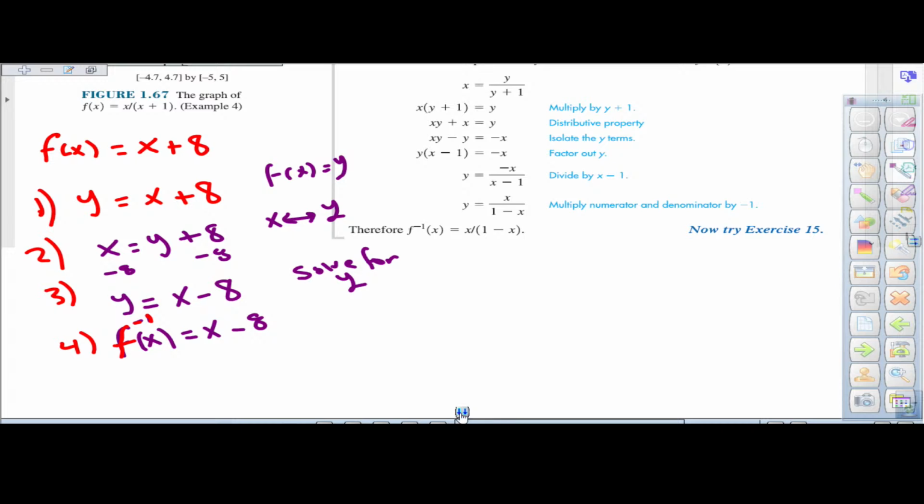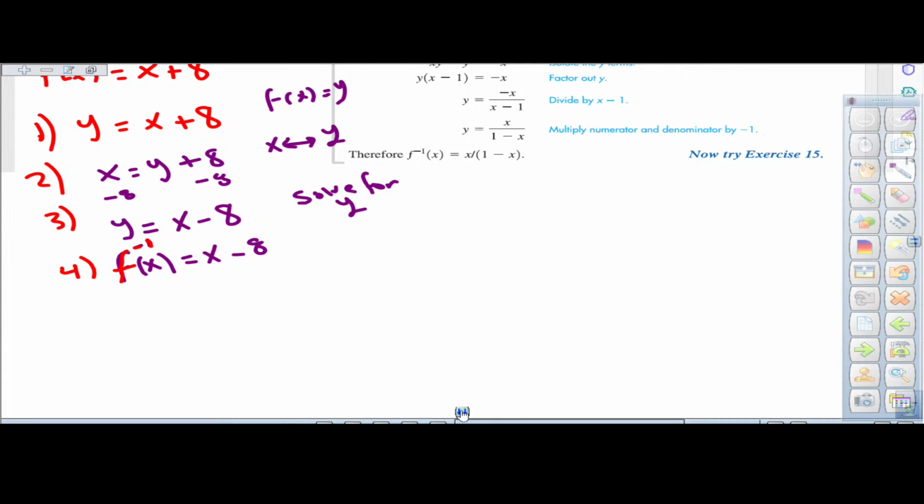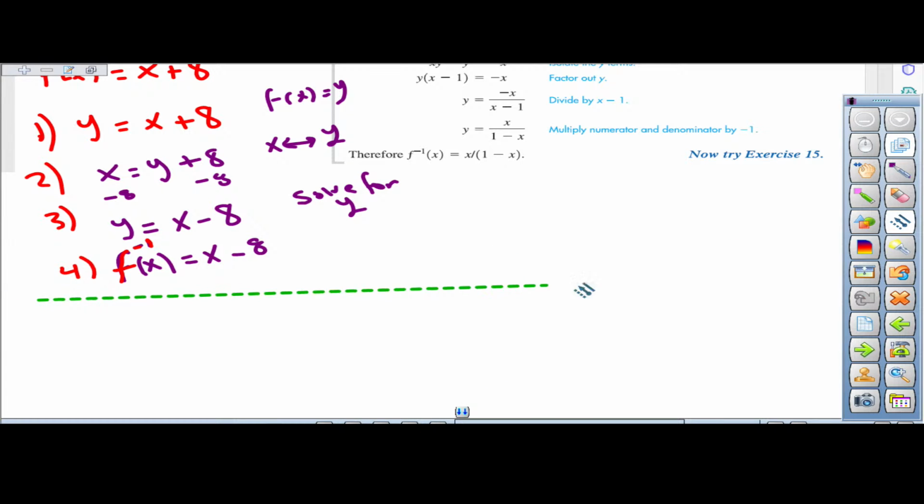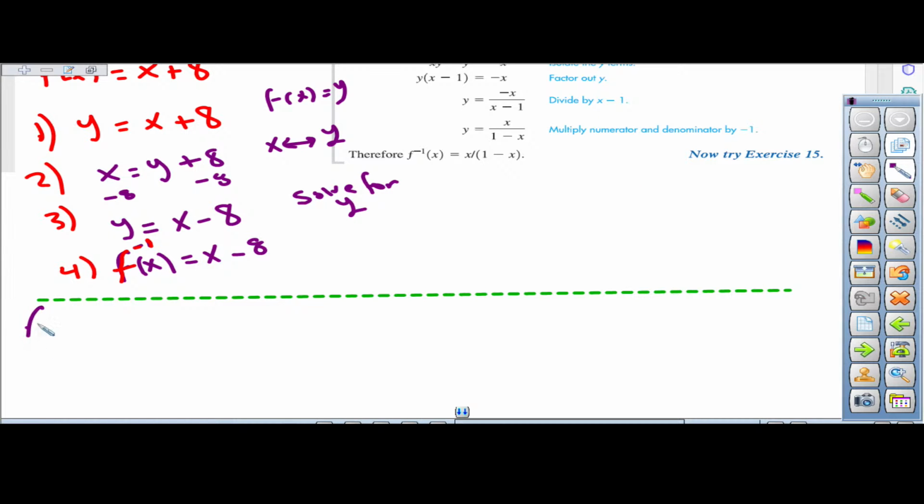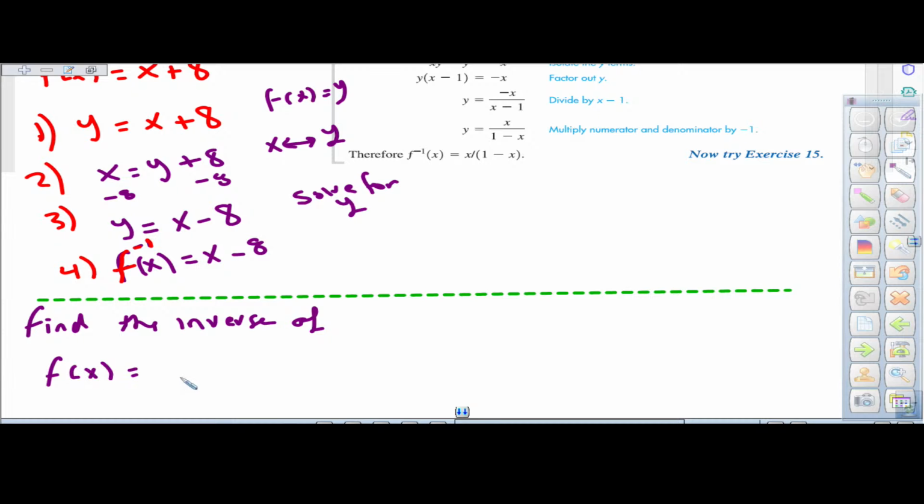Okay, let's take another easy example before we take a look at the books. Find the inverse of this function. Let's say that I'm going to give you f of x is 3x minus 6.